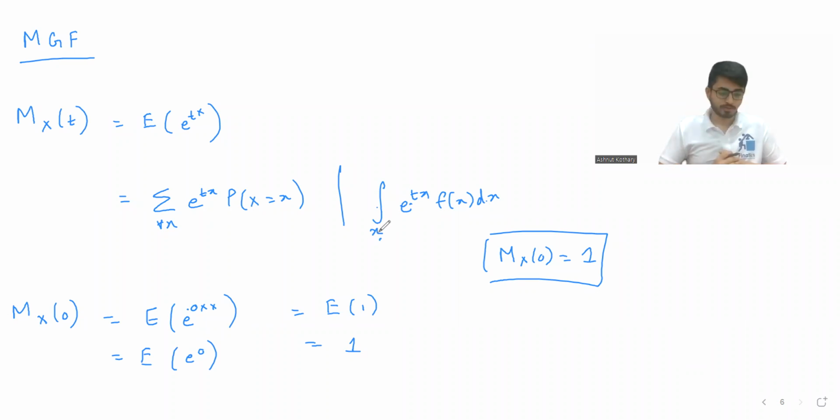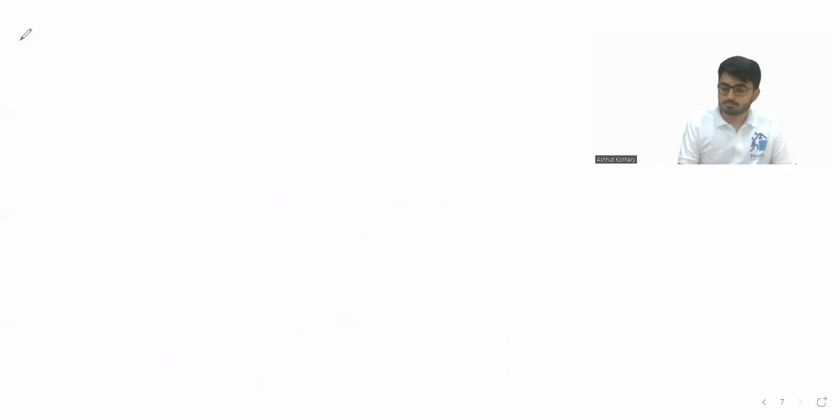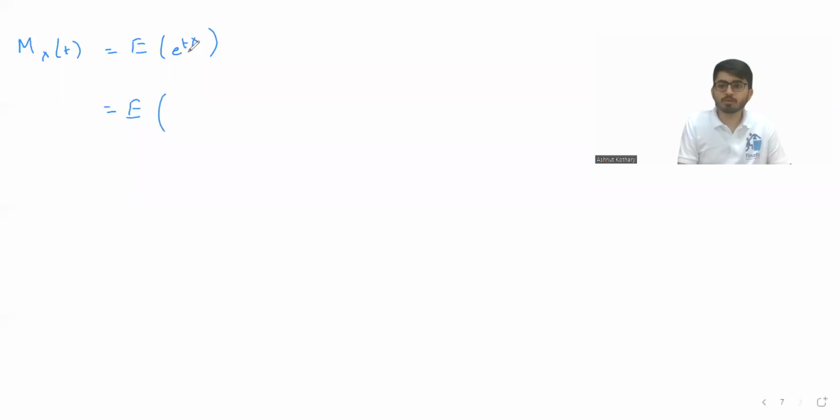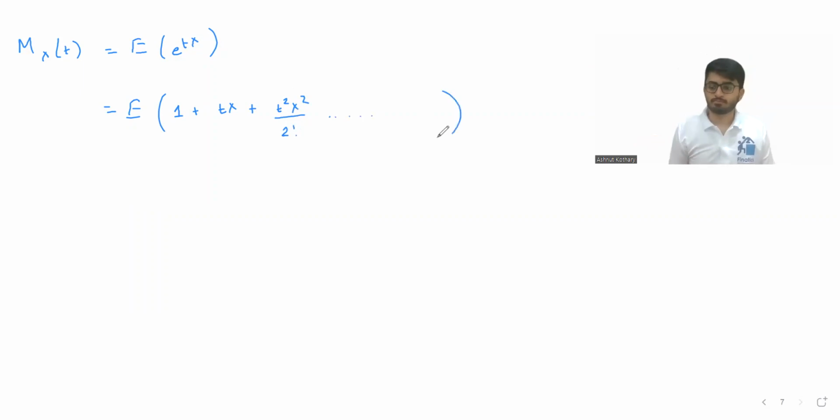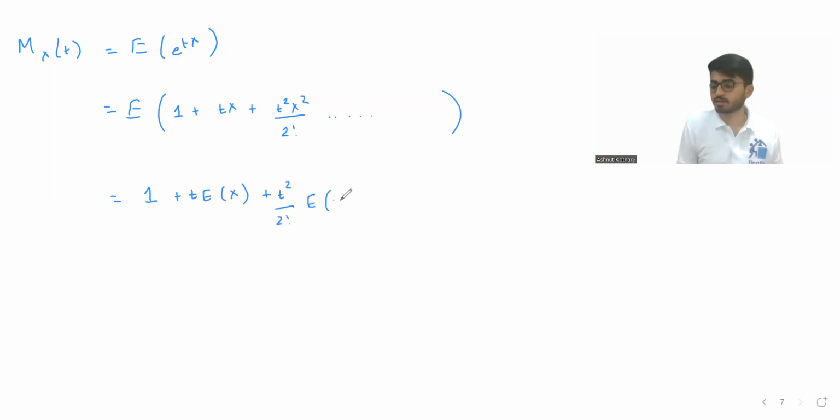Now, if you will remember, e to the power tx, M_X(t) is nothing but expectation e to the power tx. E to the power tx can be expanded as 1 plus tx plus t square x square by 2 factorial. So now if I break them, first term will come out to be 1, then t into expectation x plus t square by 2 factorial expectation x square, and so on.